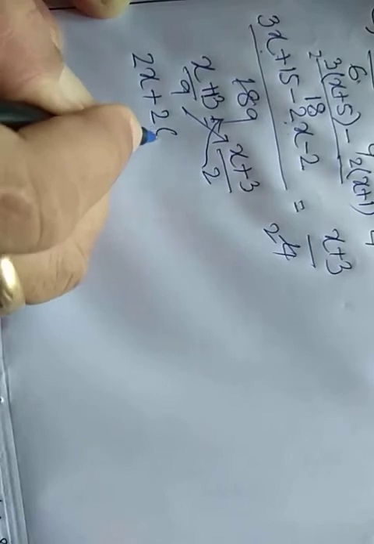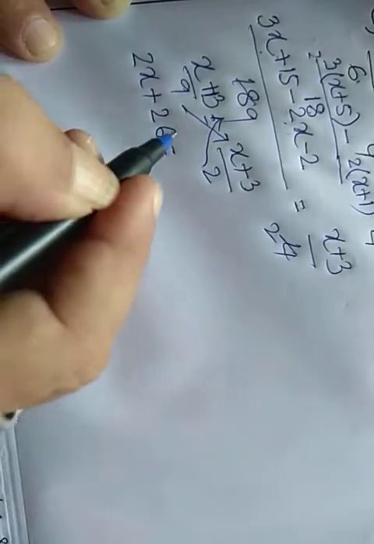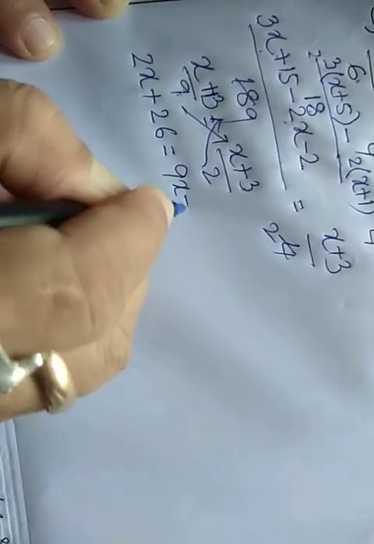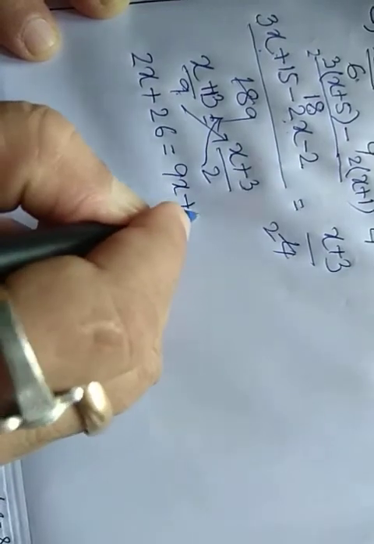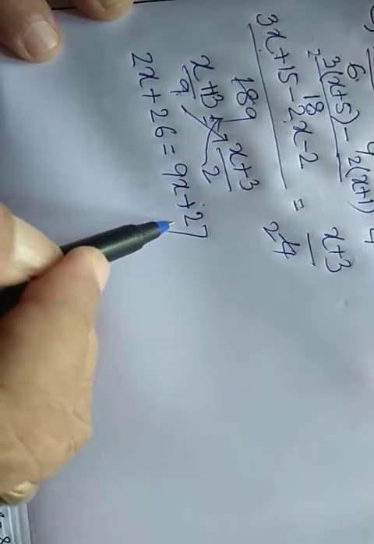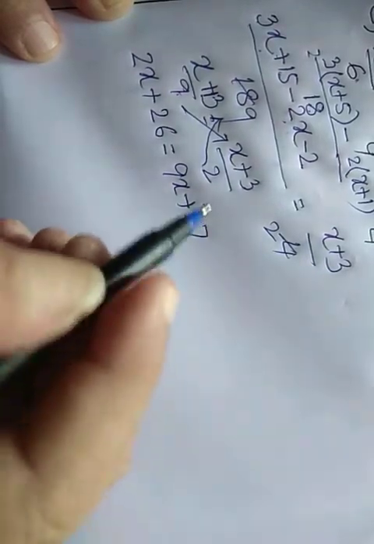2x plus 26 is equal to 9 into (x+3). 9 into x, 9x, plus 9 into 3, 27. So what we do, let us take this 2x to this side and take this 27 to this side. Clear?